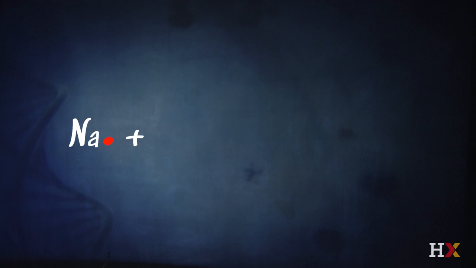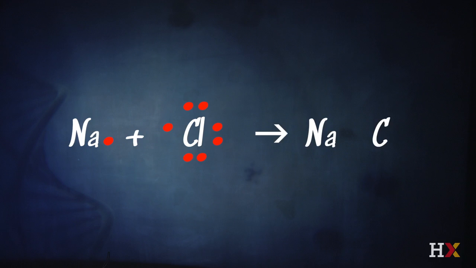And when we react that with our chlorine atom that has 7 electrons and is extremely hungry to add another electron to fill that octet, what actually happens is we now have a sodium atom and a chlorine atom, but the chlorine atom now has 8 electrons around it.